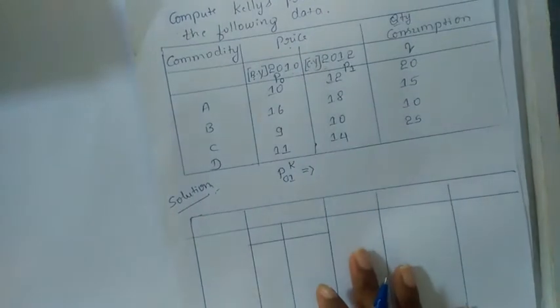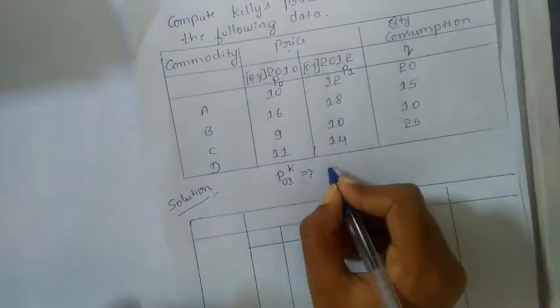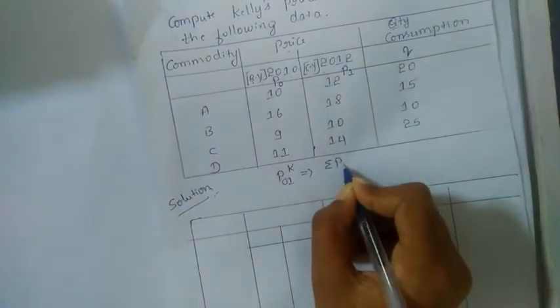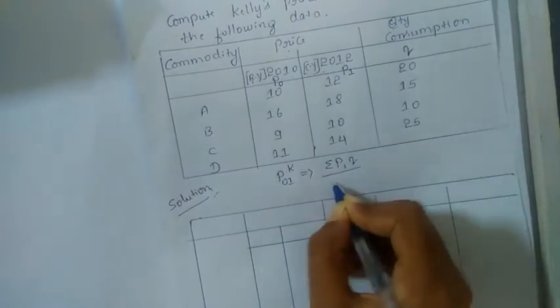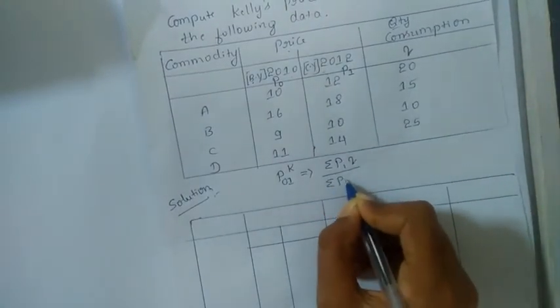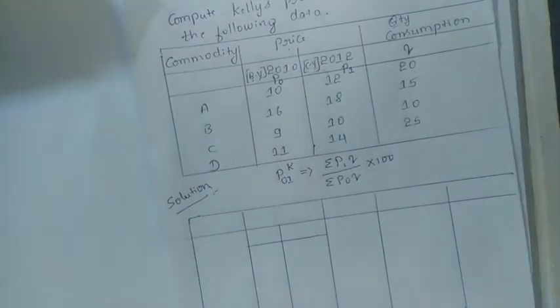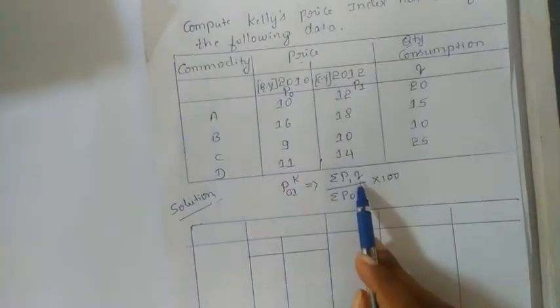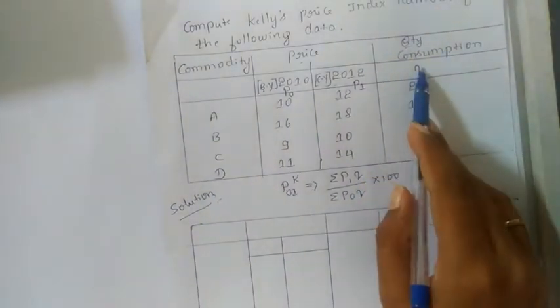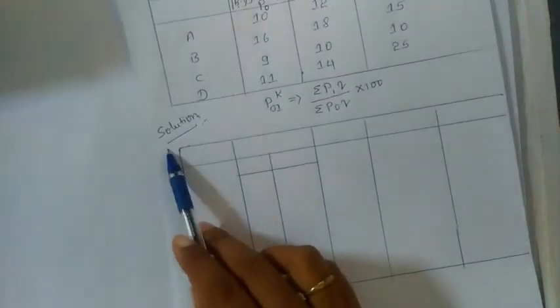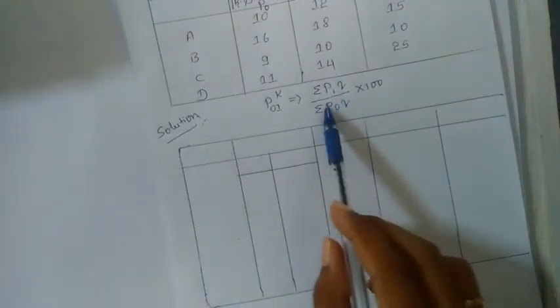So the formula is summation P1 Q divided by summation P naught Q into 100. This is the formula for calculating Kelly's price index number. Q is nothing but quantity consumption. Next I am going to explain the solutions, how to calculate this value.